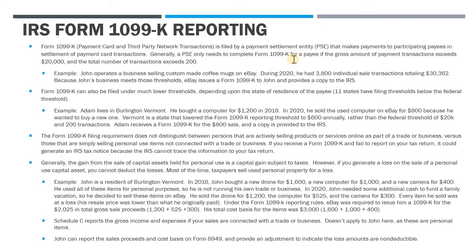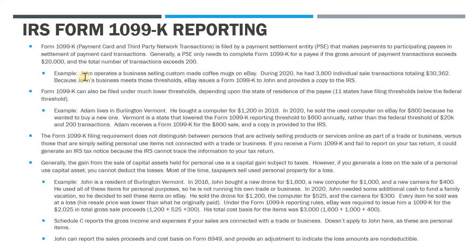Now, generally, this only needs to be provided if you have $20,000 processed and the total number of transactions exceeds 200. So in most cases, individuals never meet these thresholds unless you're actually running a business, right?